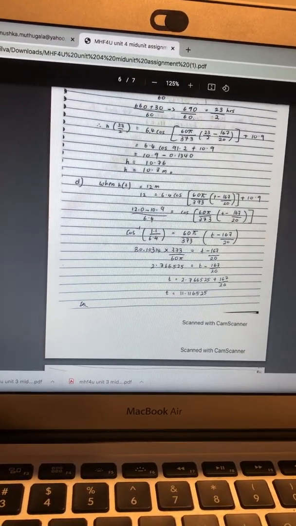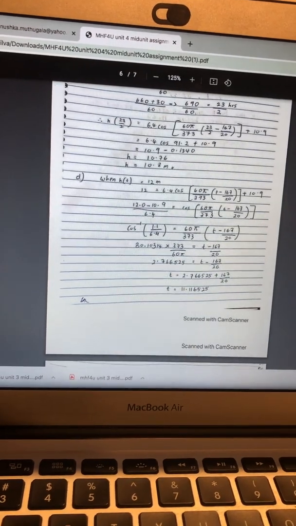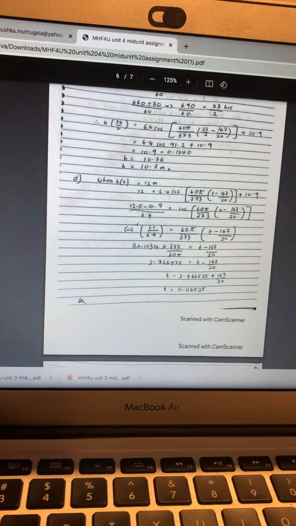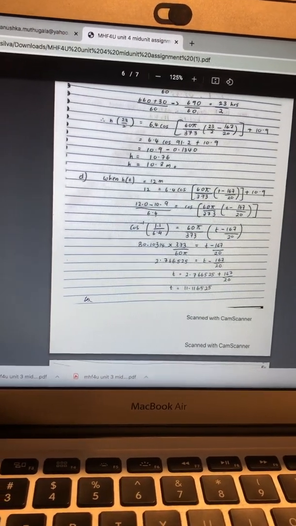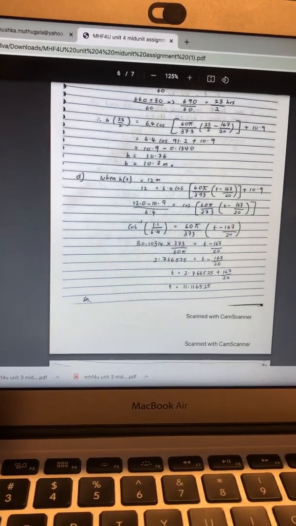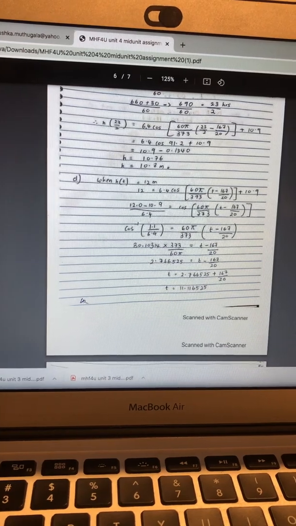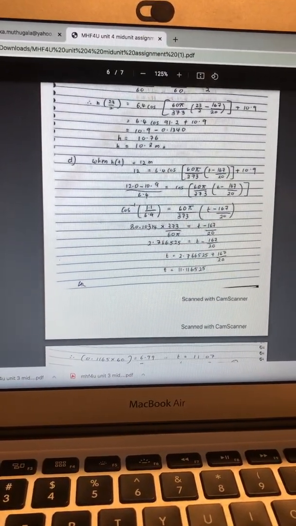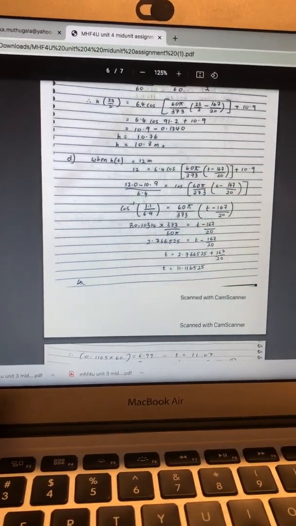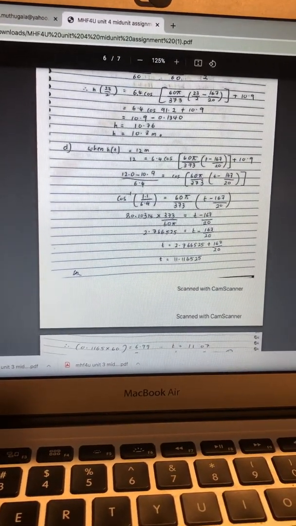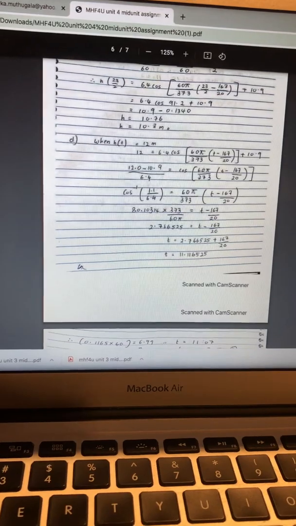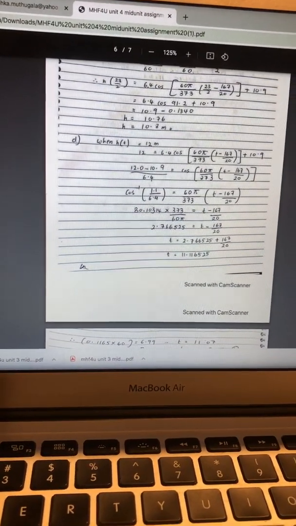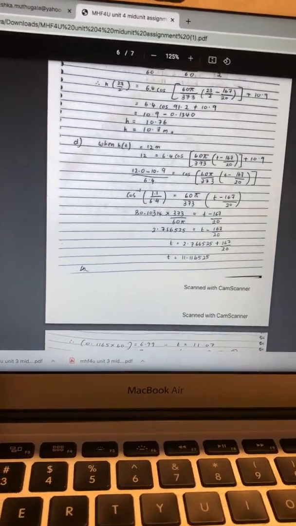So 12.0 minus 10.9 by 6.4 is equal to cos within bracket 60 pi by 373, where T minus 167 by 20 closing bracket. Cos inverse of 1.1 divided by 6.4 is equal to 60 pi divided by 373 bracket T minus 167 by 20.